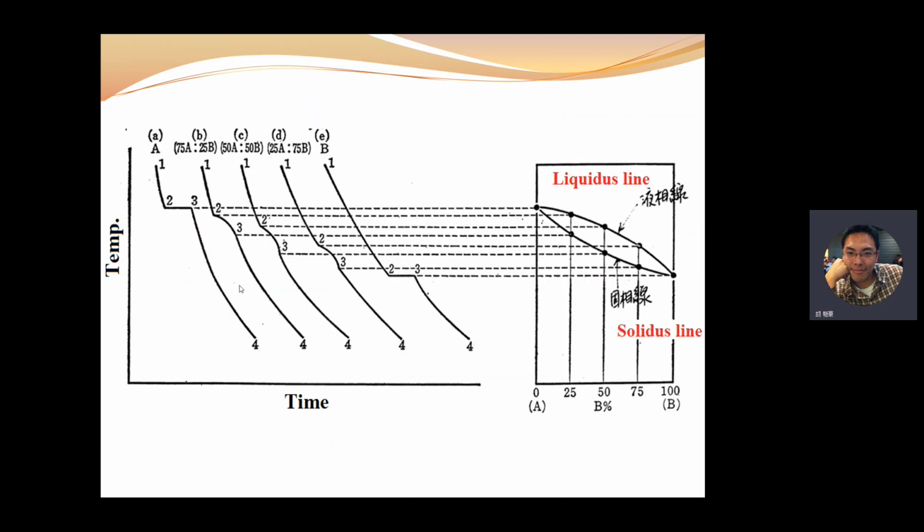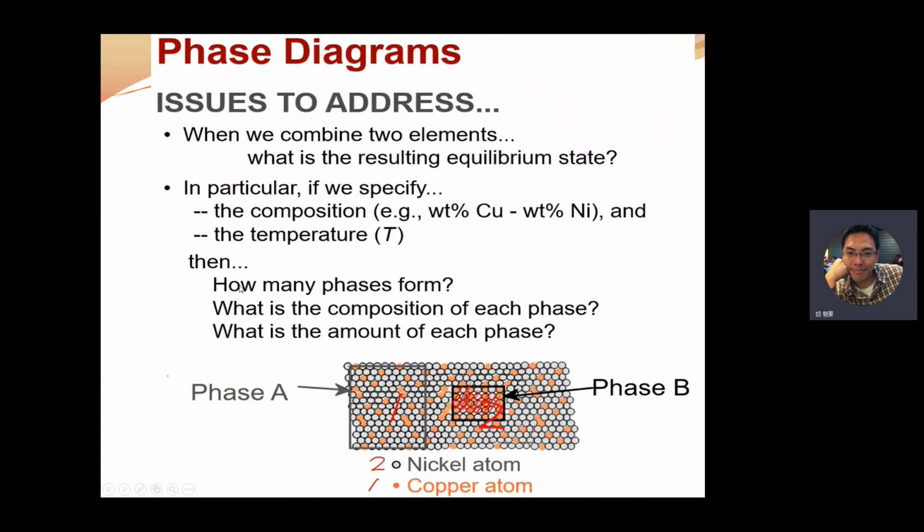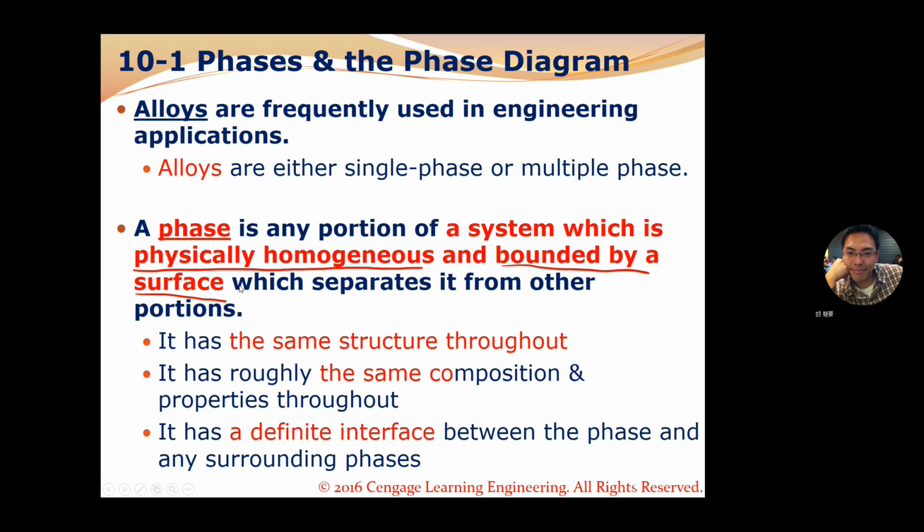So remember this figure, we already know it, right? Phases have the same structure throughout. They have roughly the same composition and properties throughout, and have a different interface between the phase and any surrounding phases.